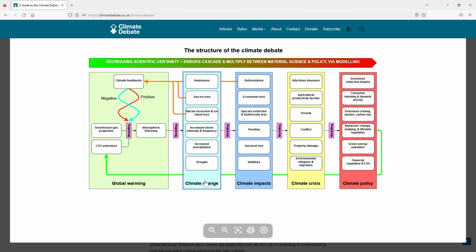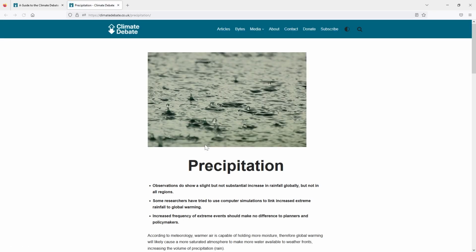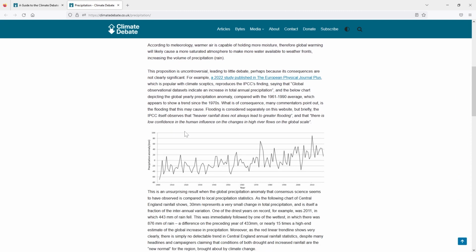Global warming moves into climate change, of course, and there is a mixture of evidence here. Some of it's very reasonable, such as the IPCC points out that a warmer atmosphere is capable of holding more moisture, and that therefore we can expect more precipitation or rainfall to occur in the future.